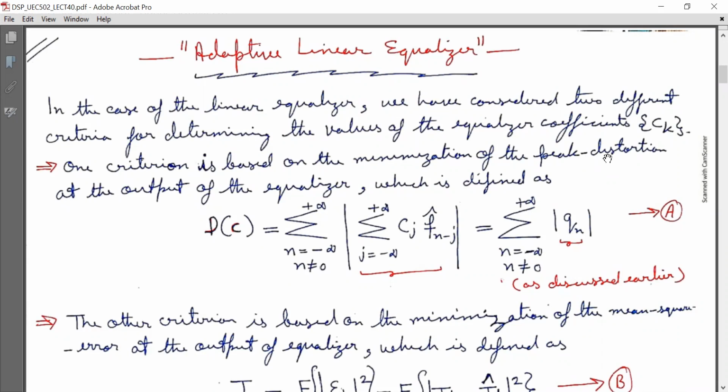And this is further equal to summation n running from minus infinity to infinity, n not equal to 0, magnitude qn. Mark it as equation A, which we have discussed previously.